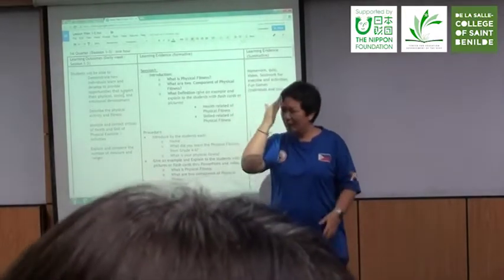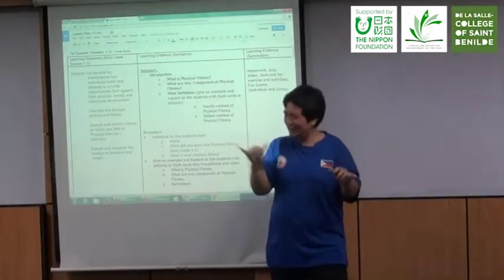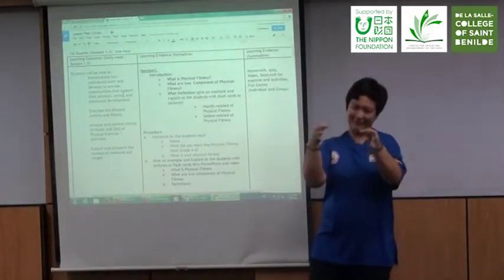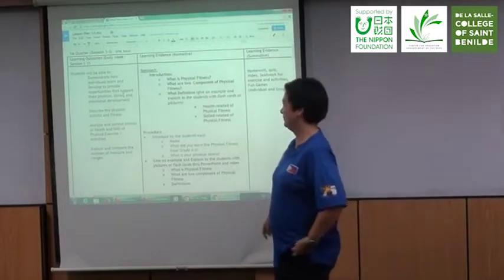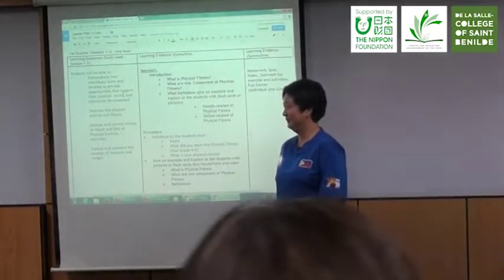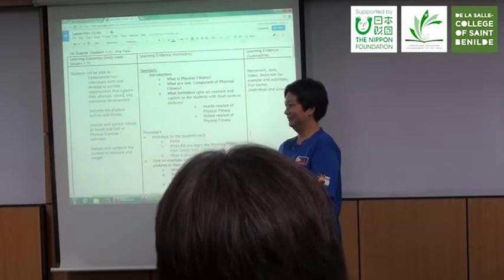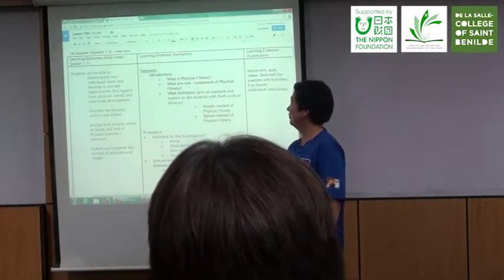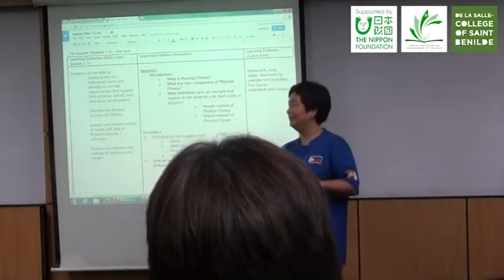With regards to height, we will do comparative discussions on, for example, Anna is very short in comparison to me. And then by using measuring tools, we can assess the exact measurement of what that is.